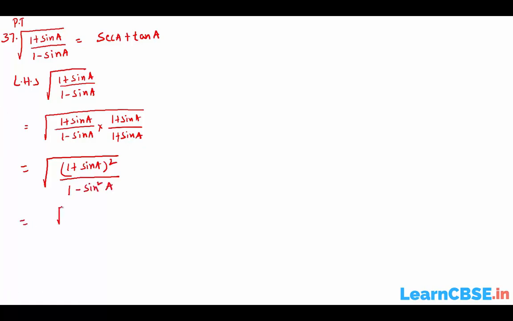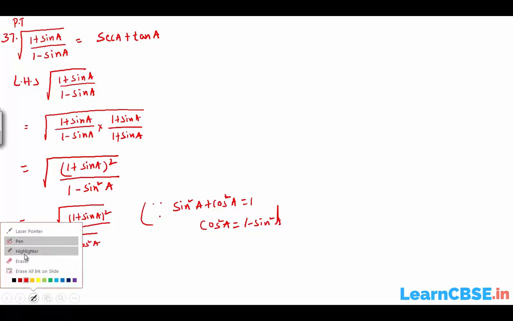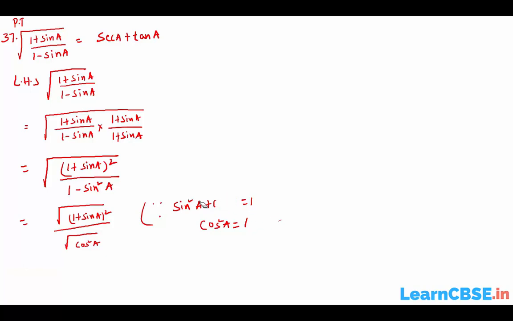Let's split numerator and denominator. So under root 1 plus sin A whole square divided by under root cos square A. Let me write the identity: sin square A plus cos square A equals 1.